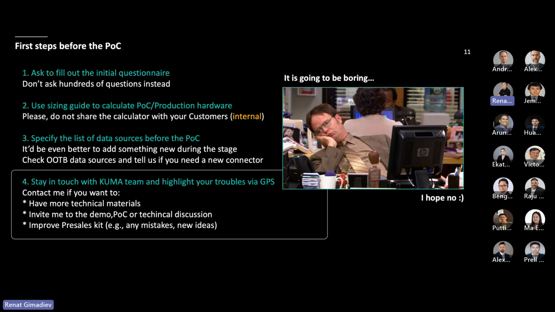So the third thing is to define the list of data sources before the POC. Planning is good manners, and I'd like you to do the same and to specify the list of data sources and negotiate it with the customer, with the partner, before we start the POC.